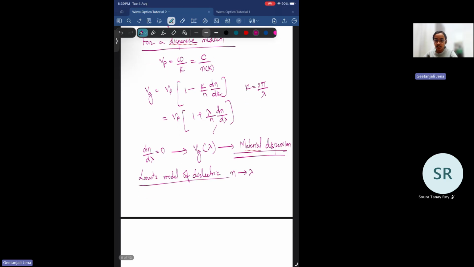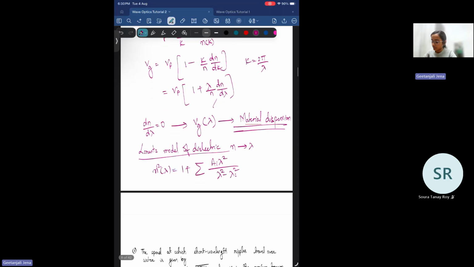Using this model, we got n squared of lambda is 1 plus the summation of a_i lambda squared over lambda squared minus lambda_i squared. Lambda is the wavelength, and lambda_i is the resonance wavelength, and the summation is over i.